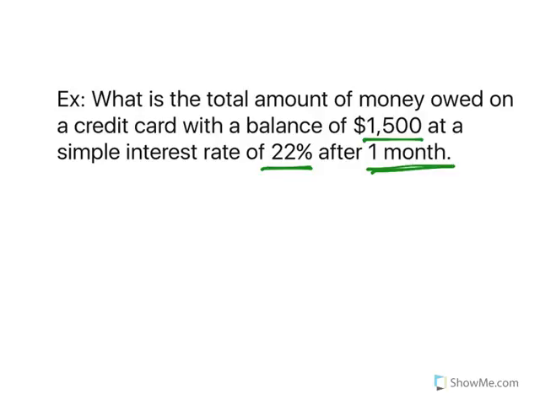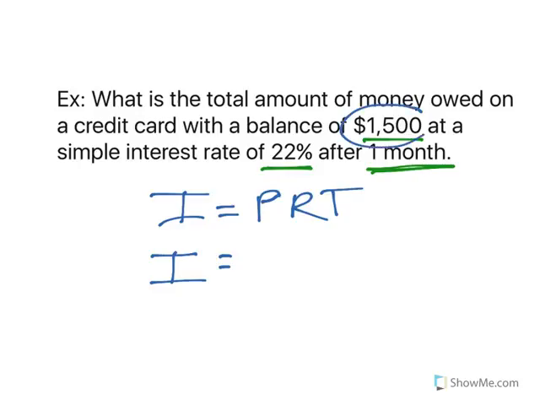Okay. So then let's use that formula. I equals PRT. So I'm solving for I. I'm solving for what that interest is going to be. My principal, I had a beginning balance of $1,500.